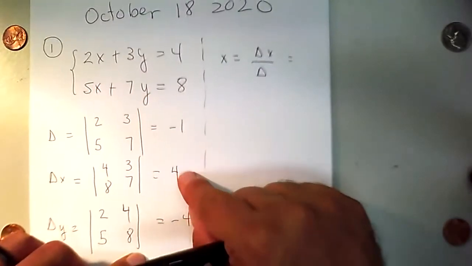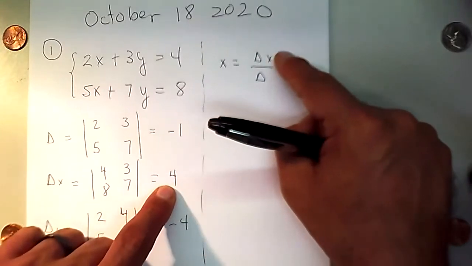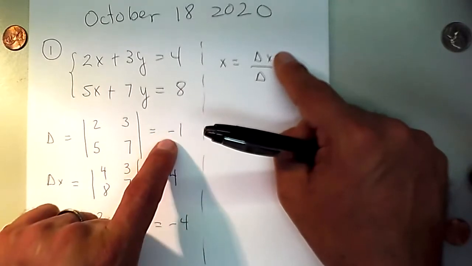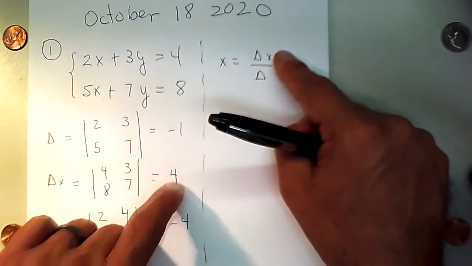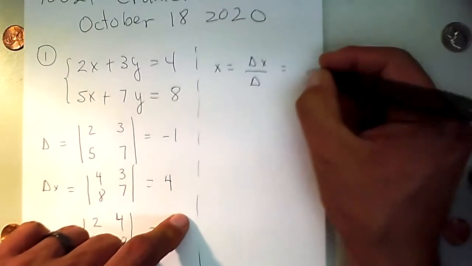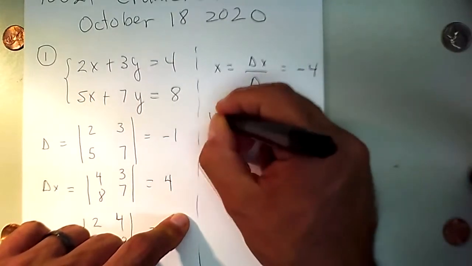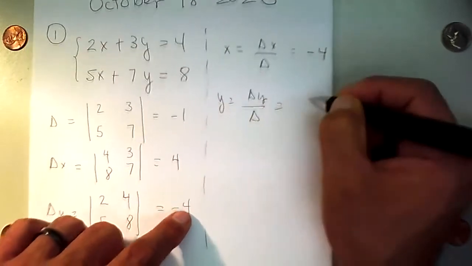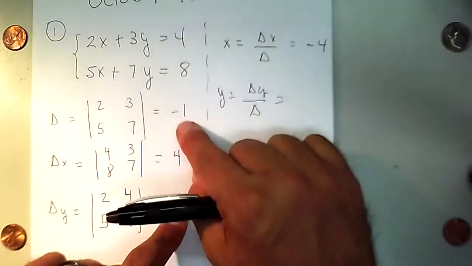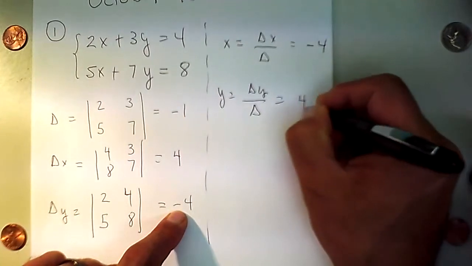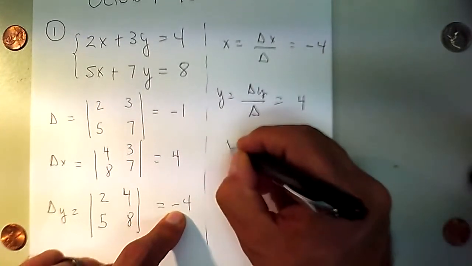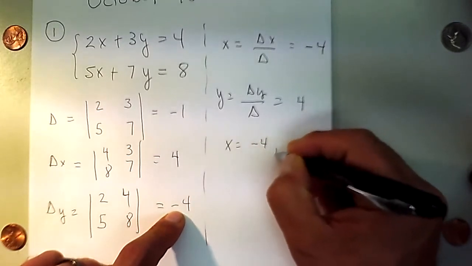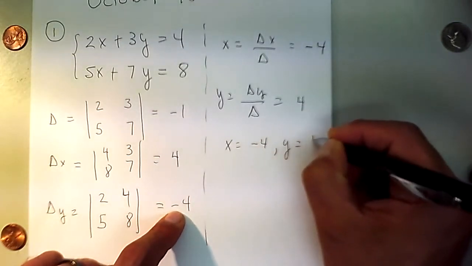So we do positive 4, which is delta x, determinant on x, that's what I call it, over the determinant of the system. And so that is 4 divided by negative 1 is negative 4. And y is delta y over delta, and that is negative 4 over negative 1, and that is positive 4. So apparently x equals negative 4, while y equals positive 4.